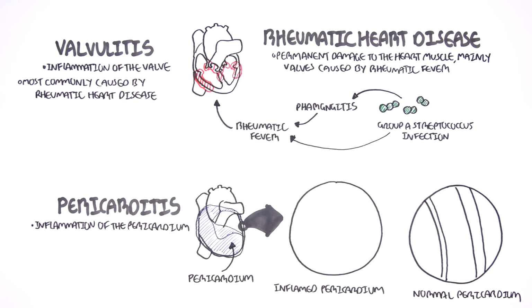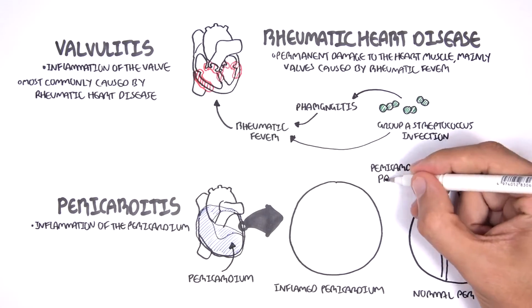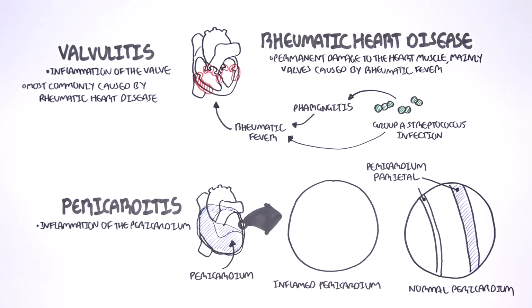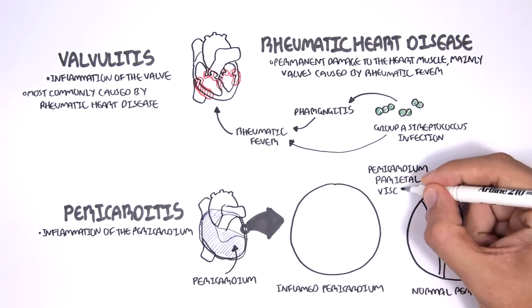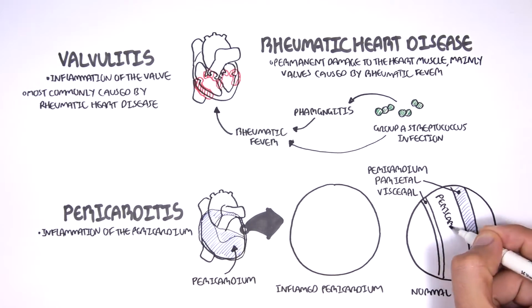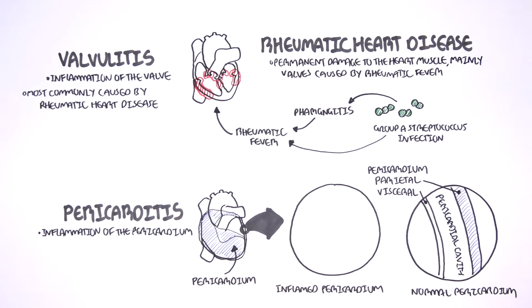You have the outer fibrous pericardium, the parietal layer, and then we have the visceral pericardium, which directly surrounds the heart. In between the parietal and visceral layers of the pericardium is the pericardial cavity, which contains pericardial fluid that serves to reduce friction between the pericardium.